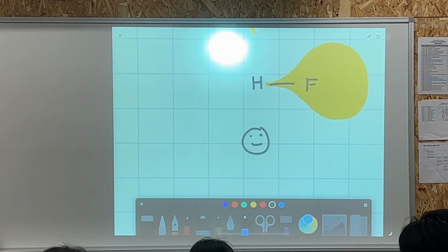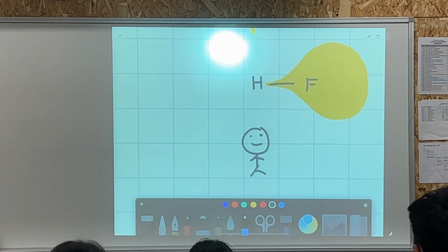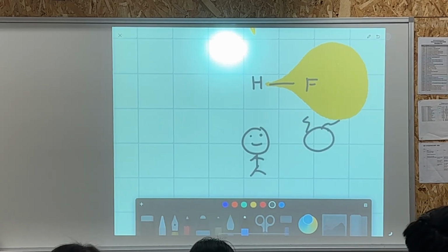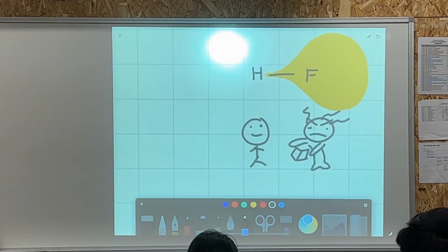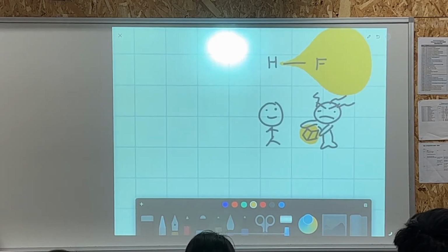So this is a very peaceful guy, and then here there is a very aggressive guy. This aggressive guy is pulling the book all the way to him, keeping the book to itself. So this is the book. The book is analogous to the shared pair of electrons.